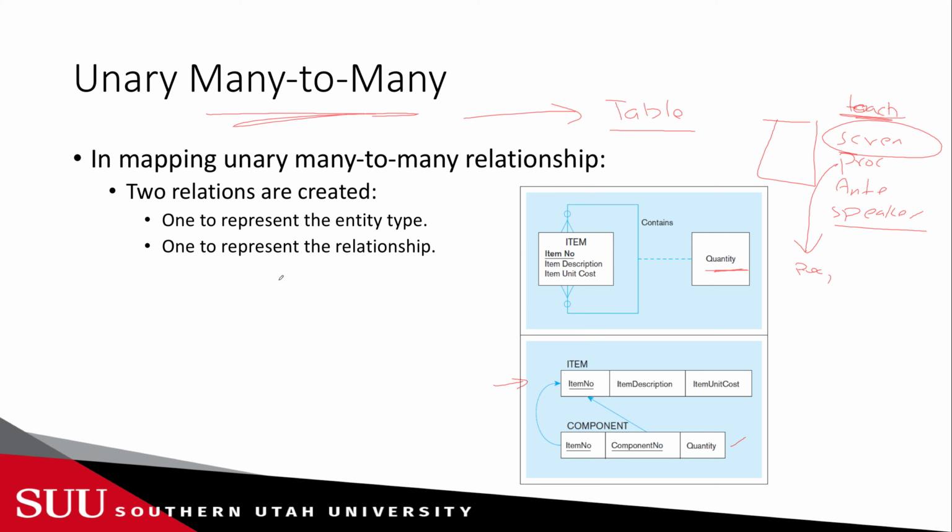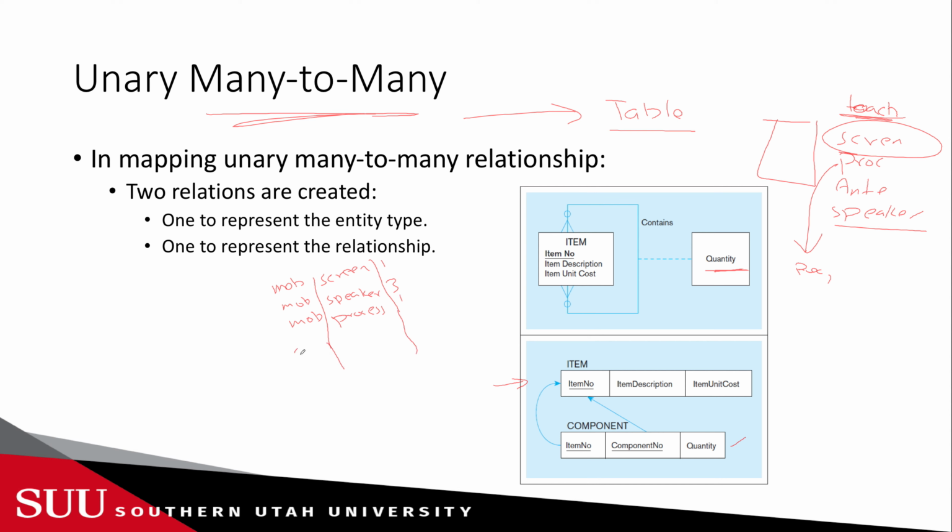So if I say, okay, I have the item which is a phone, which I will say is MOB for mobile phone. And then for each mobile phone, I will have, for example, a screen, and I'll have one screen. And then for the mobile phone itself, I will have a speaker, and let's say I'll have 3 speakers. And for the mobile phone itself, I will have a processor, and I will have 1 processor.